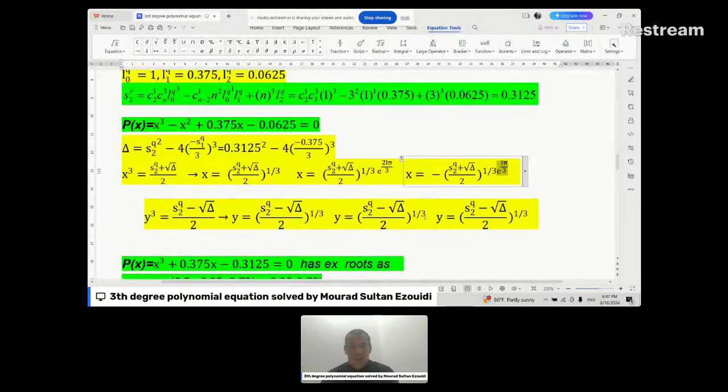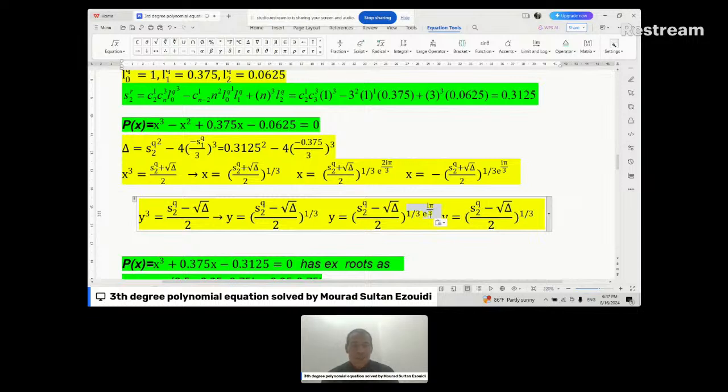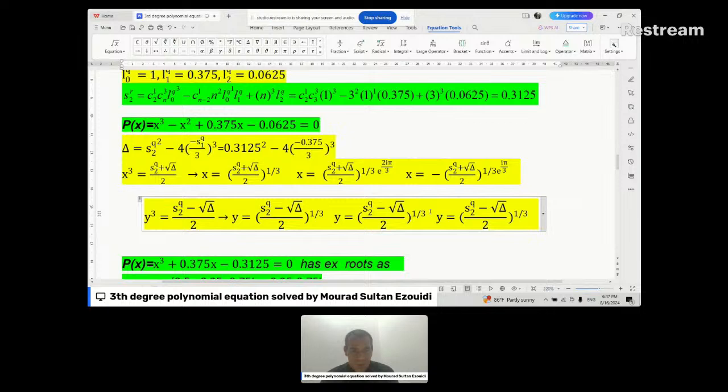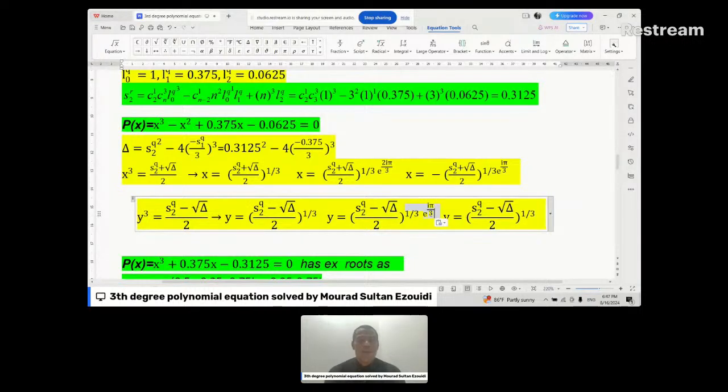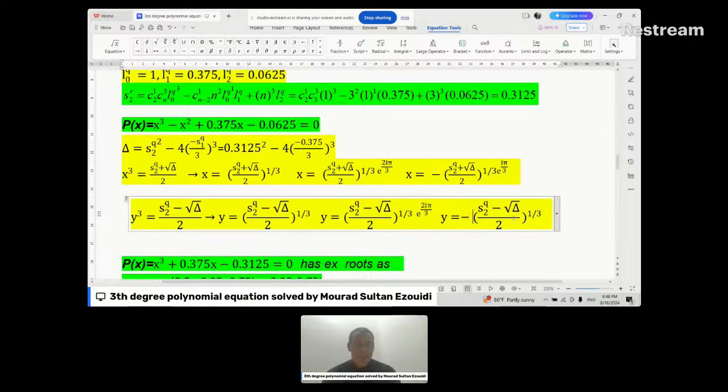This one, we said, minus q over 2 minus root of delta divided by 2, raised to the power 1/3, times exponential 2i pi. When k equals 0, I obtain this. When k equals 1, I obtain this. When k equals 2, I will obtain minus exponential i pi.